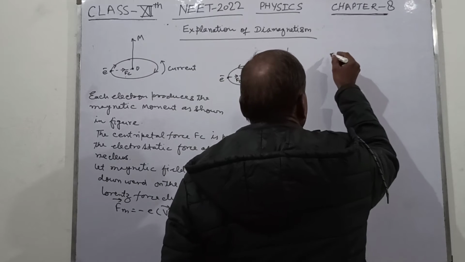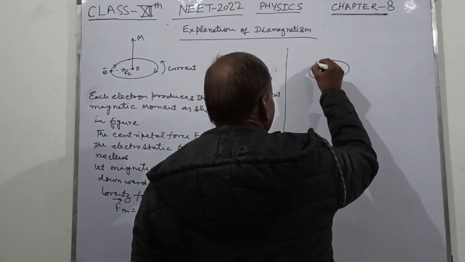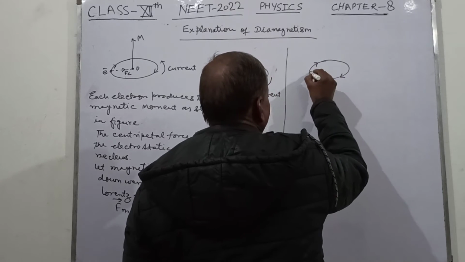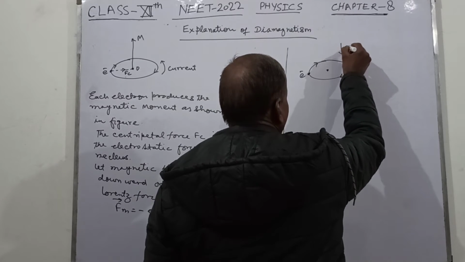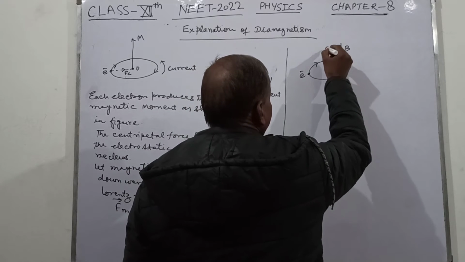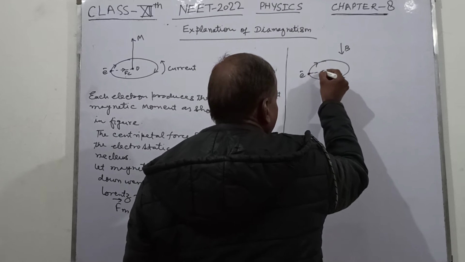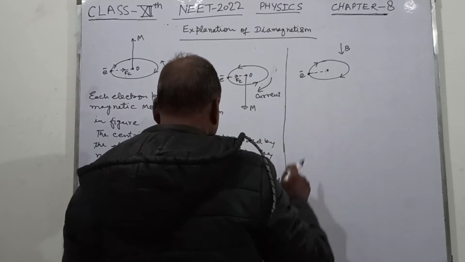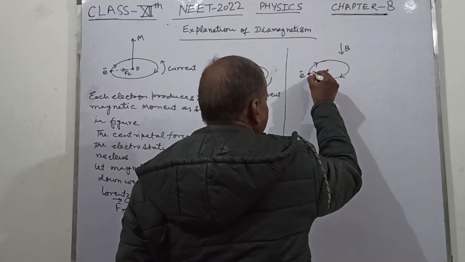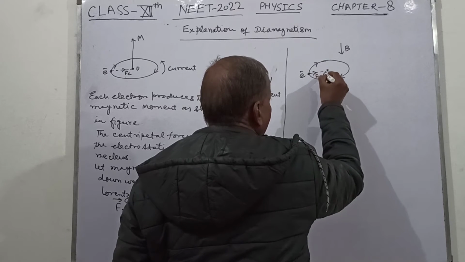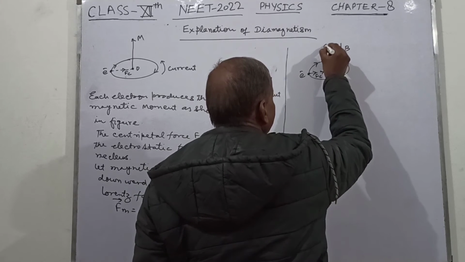This is the electron that is moving clockwise. Here we are applying the magnetic field B in this way, and we have the magnetic moment initially. The Lorentz force will support this centripetal force. So Fc and Fm both will be in the same direction, and the magnetic moment will increase.